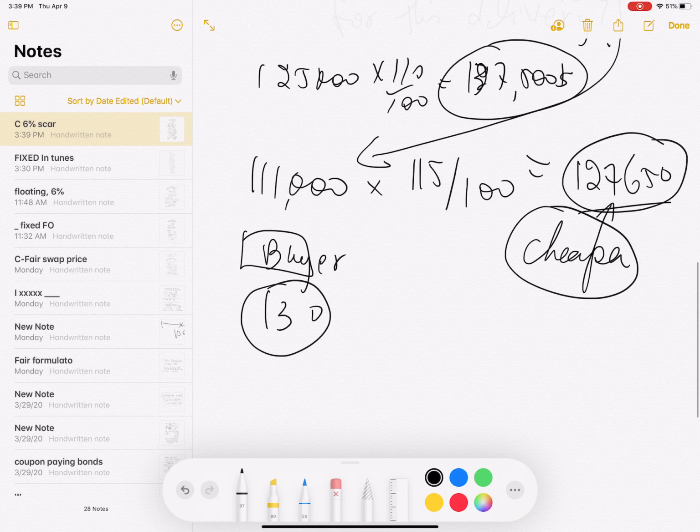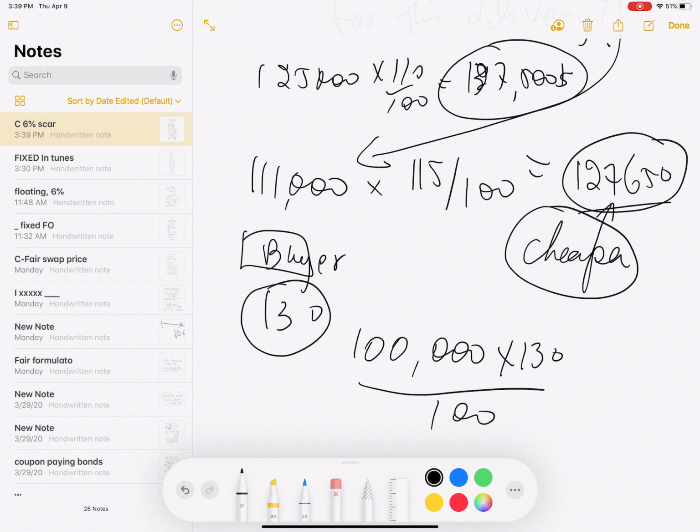In this case, the buyer pays $100,000 times 130 divided by 100. So he's going to pay $130,000, and from this perspective, he's actually going to lose money because the bond on the market is cheaper. So he's going to pay $130,000. The seller pays $127,650 to deliver, and this minus this, the seller makes money.